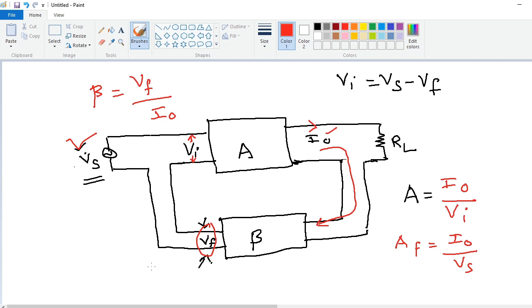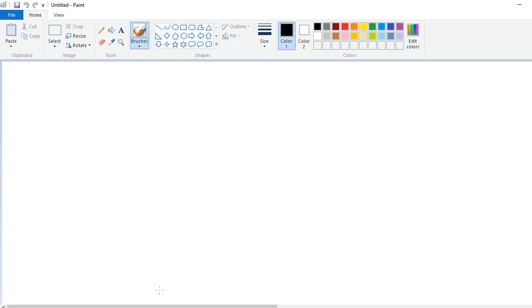Now coming to the equivalent circuit. We know that in a current series feedback amplifier, A is equal to I naught divided by Vi. First we have to draw the output portion of the circuit. Here the output parameter is represented in terms of gain, so I naught is equal to A into Vi.